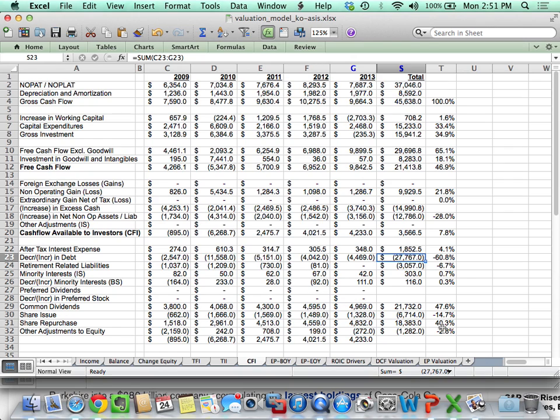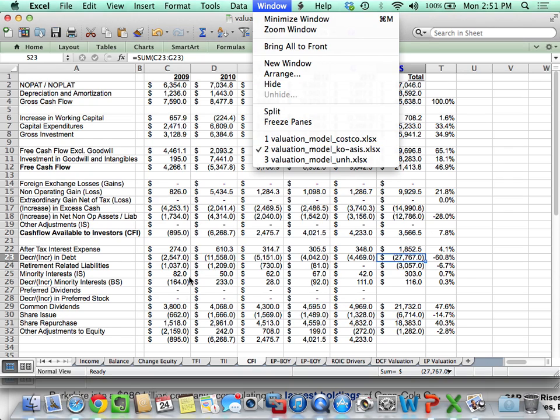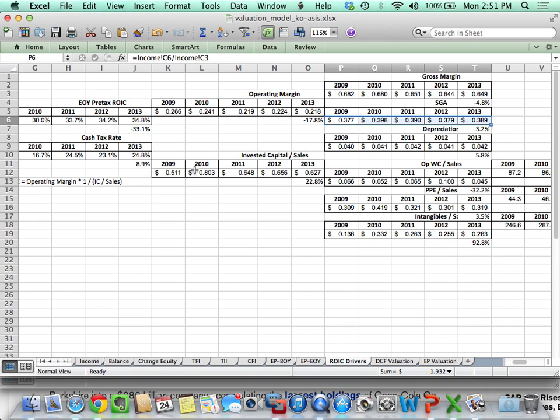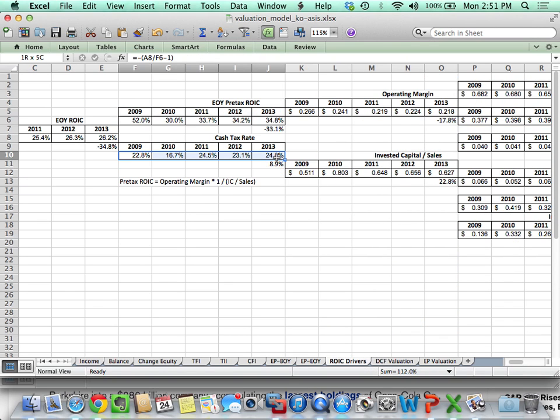But I also think it has to do with this tax rate. Notice the tax rate's not 35%. Coke's based in Atlanta. The reason it's not 35% is because where does Coke earn most of its profits? Overseas, outside the U.S. Under current tax law, you don't pay the taxes until the profits are brought back to the U.S. Coke is increasing the cash outside of the U.S. So it's really just storing the cash overseas because it doesn't want to pay a 35% tax rate.